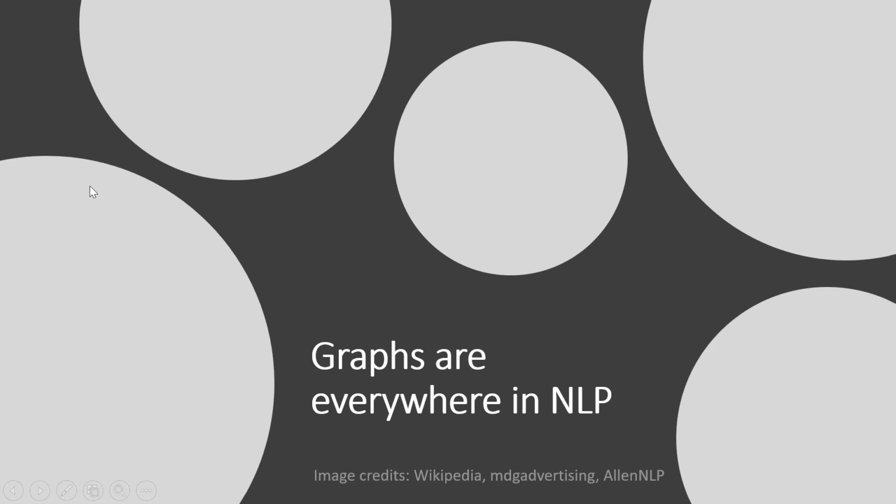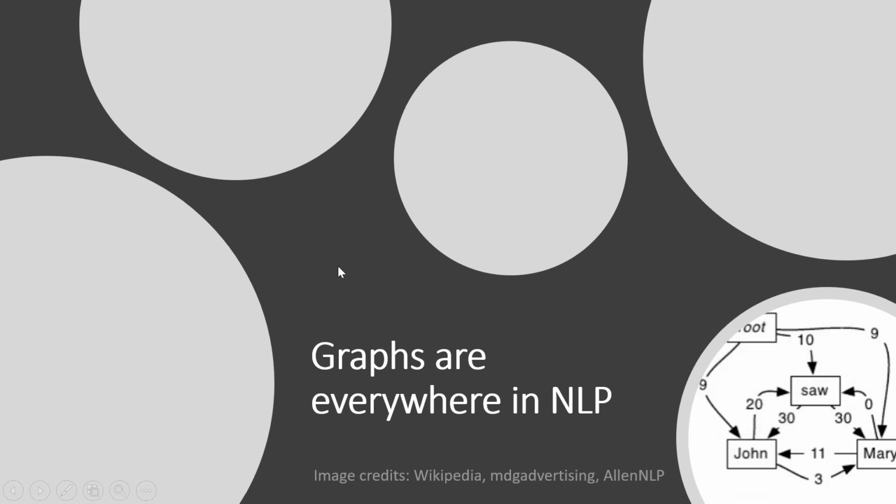In NLP, as this session is specific to natural language processing, we have graphs almost everywhere. There are dependency parsing trees where we use dependency graphs, with different connected nodes that are directed to each other, giving multiple directed graphs.